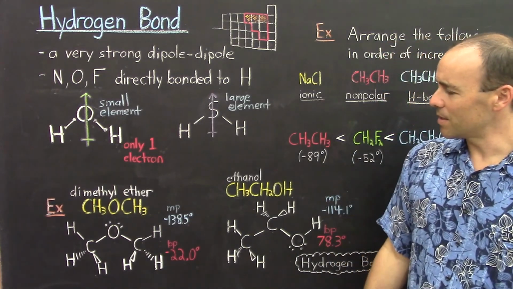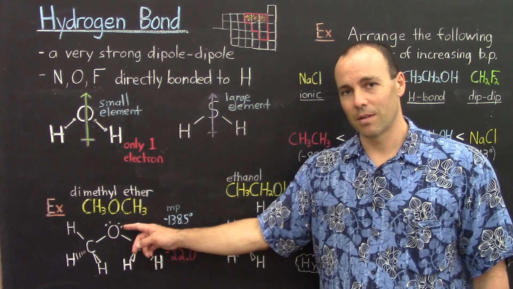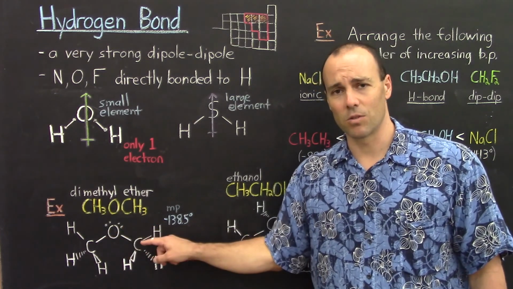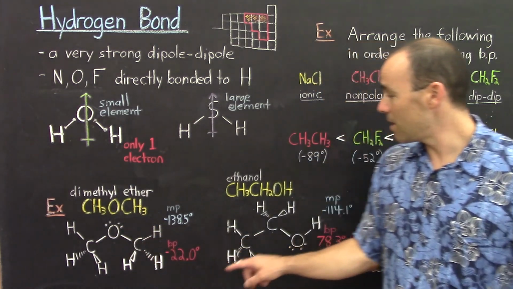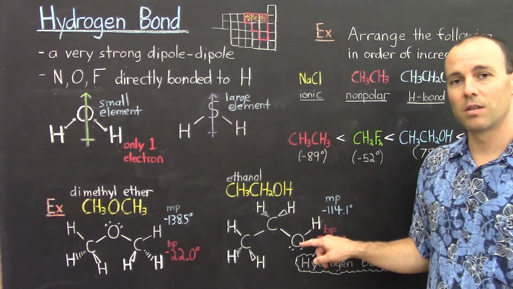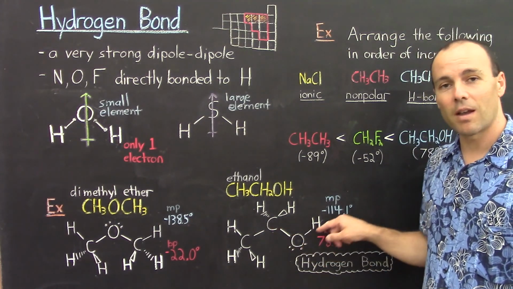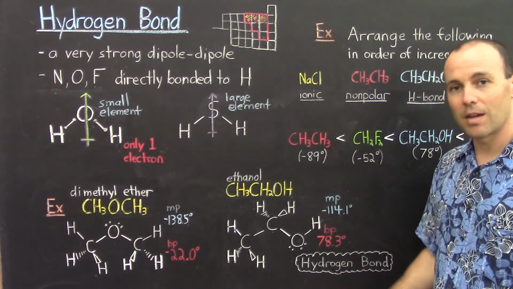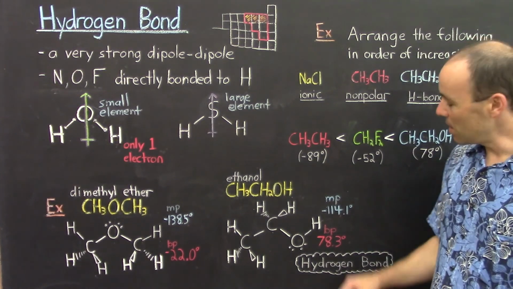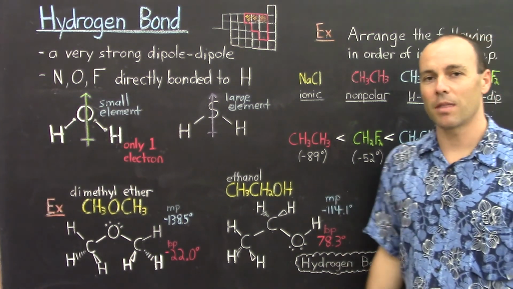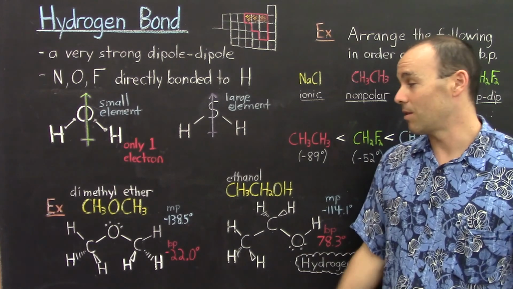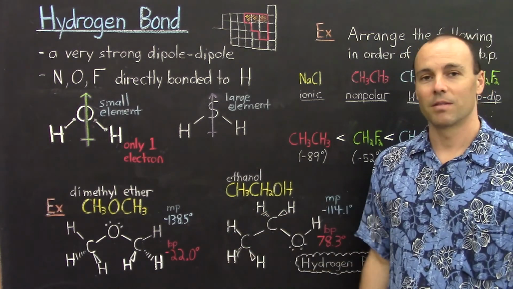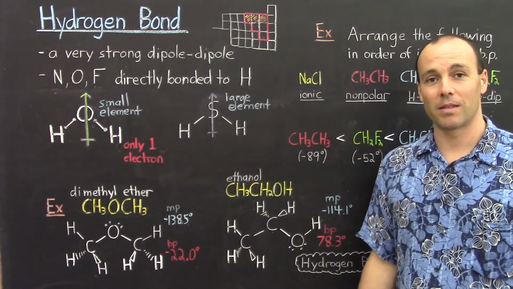The main difference is that the ether has the oxygen connected to two carbons, and the ethanol has the oxygen connected to a carbon and a hydrogen. So the ethanol can hydrogen bond. And the boiling and melting points on the ethanol are much higher than those on the ether. It's because of the strong hydrogen bond interactions.